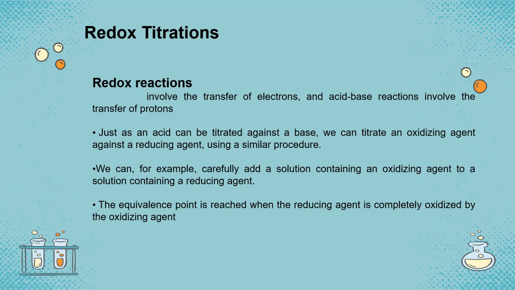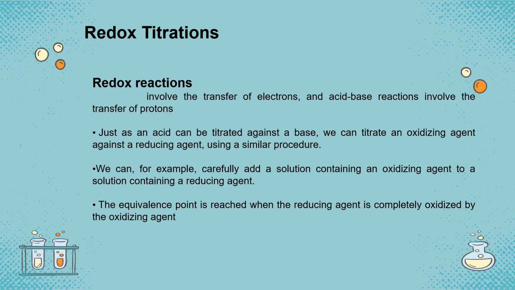So kung sa acid and base titration, nagpapareact tayo ng acid and base para malaman yung concentration ng either acid or base, dito naman itatitrate natin si oxidizing agent against a reducing agent, and take note that the procedure is similar. Okay? So, pwede nating gawin yon.